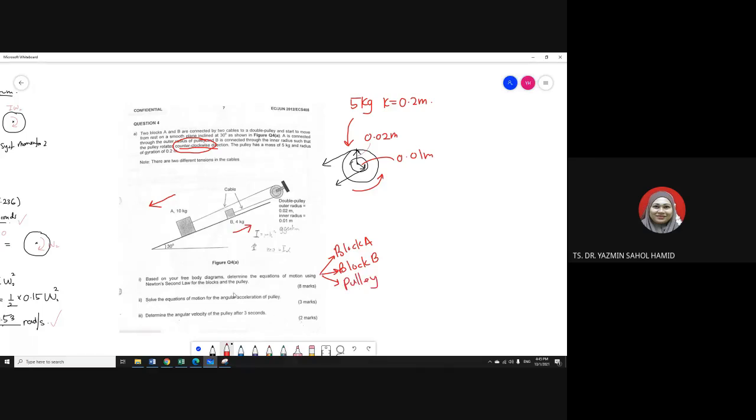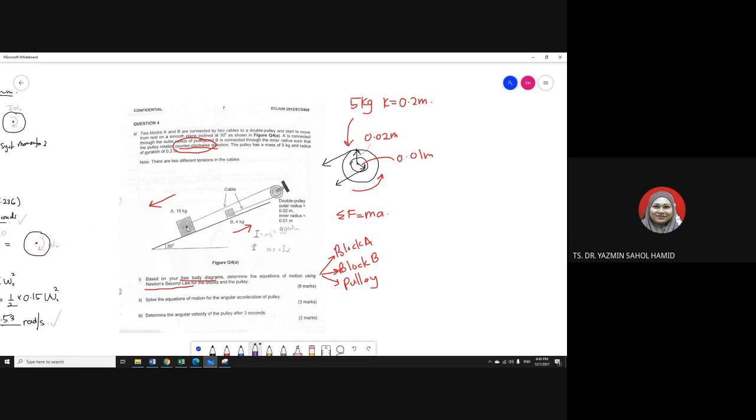You need to use Newton's second law, F equals ma, based on the free body diagram. So now we need to draw the correct free body diagram.